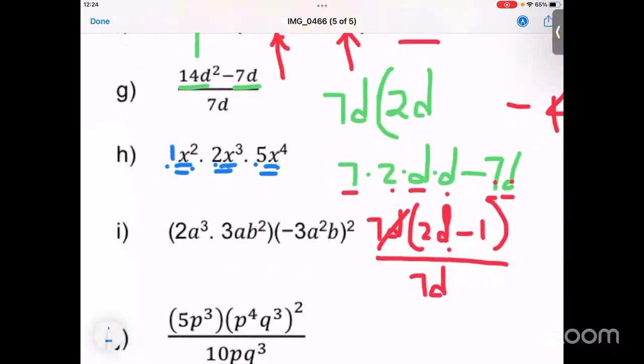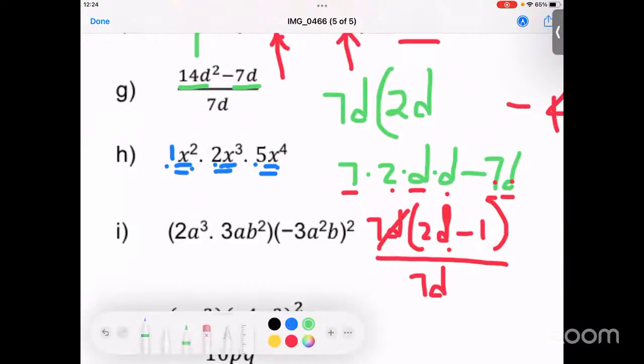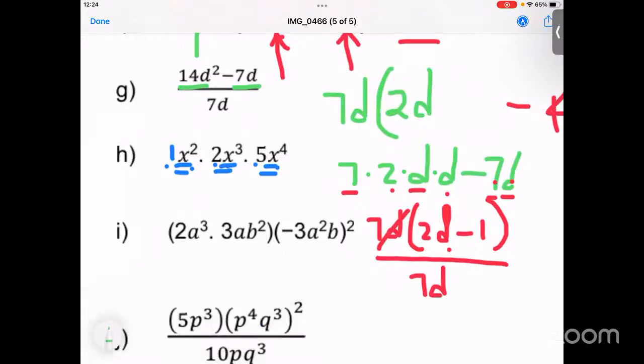Okay, what's happening here? Let's see. So here, what are we going to do there? Okay, here it looks like this is where you are having the whole of this that has to multiply the whole of that.